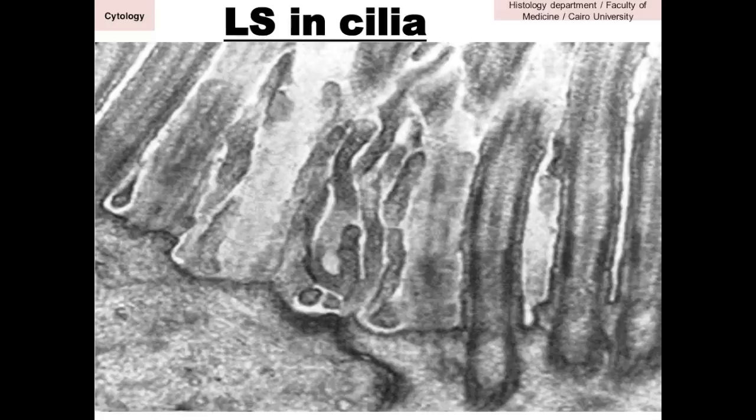This is an electron microscope picture demonstrating the longitudinal section here in the cilia, and here you can notice the rootlets arising from the downward growth of the C microtubules in each of the 9 triplets. And here we have the microtubules of the shaft, and this is the cell membrane covering the shaft or the axoneme. So these are the cilia.